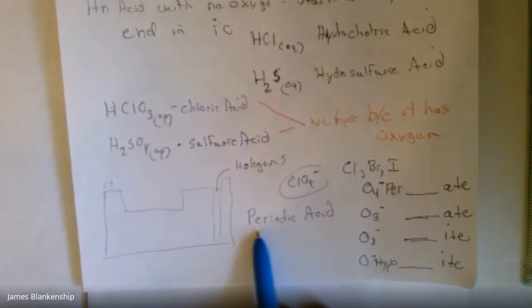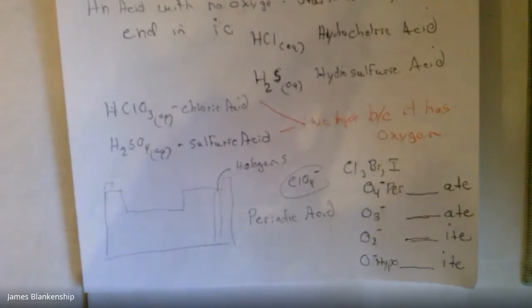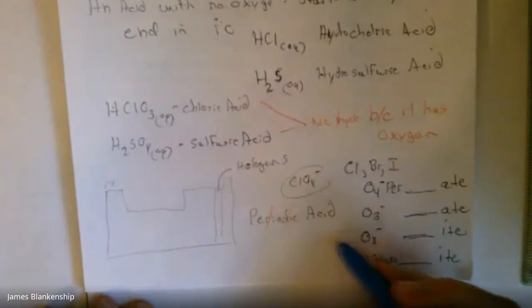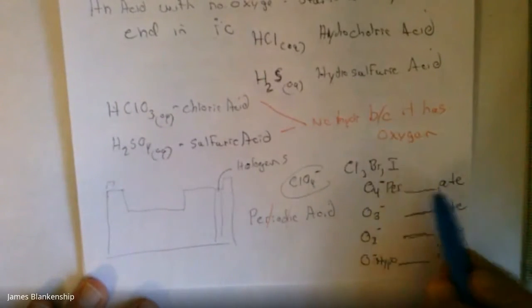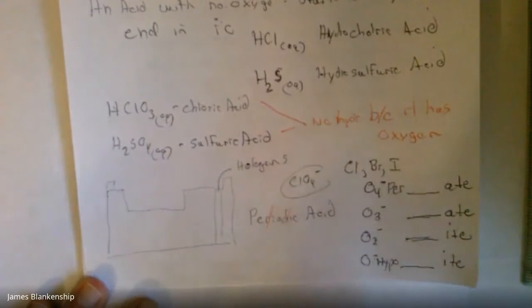Now, I read it as periodic acid. And I looked and I had said, well, I have a periodic table, but I've never heard of periodic acid. The way to think of it is it was periodic acid, which means periodate. Because it ends in ate, it becomes ic.